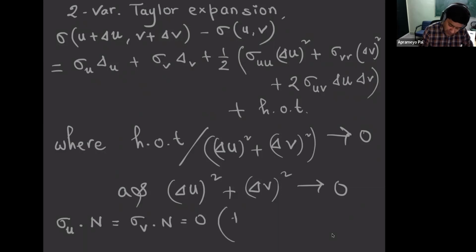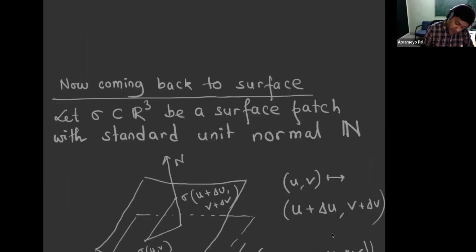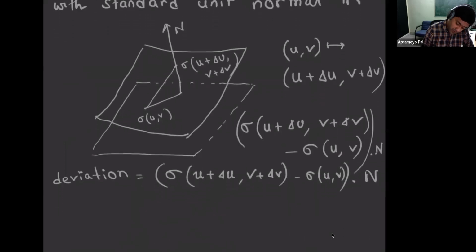Why? Because the tangent is perpendicular to n. So that's nice, because if you remember, what was the deviation?